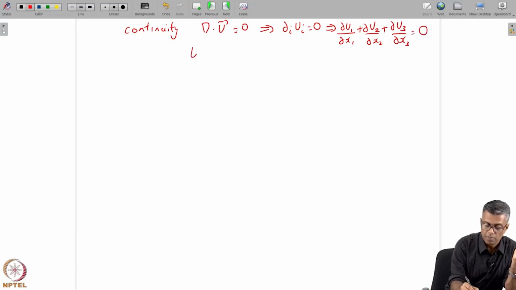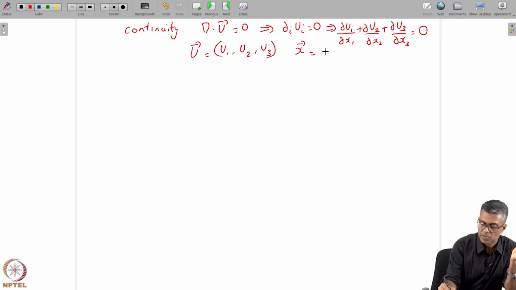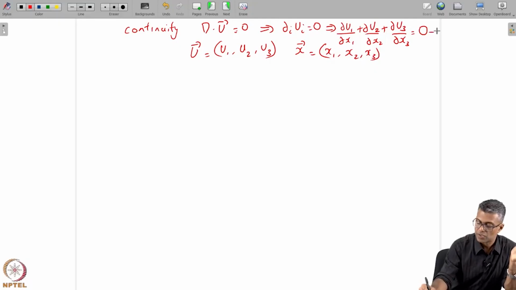This is because my velocity vector is u1, u2 and u3, and my position vector x is x1, x2 and x3. So that is my continuity equation. Obviously this is just one equation.